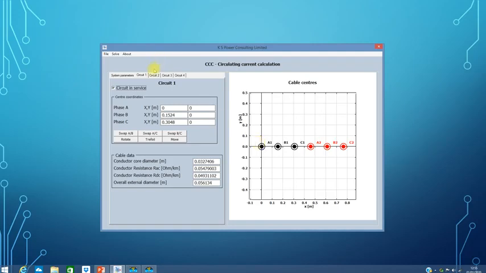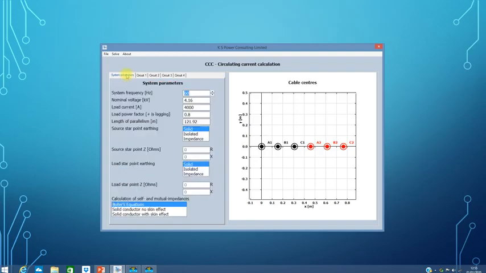So in this example at the moment there are just two cables in service, and we have specified that we are supplying a total load current of 400 amps. Sorry, 4000 amps.